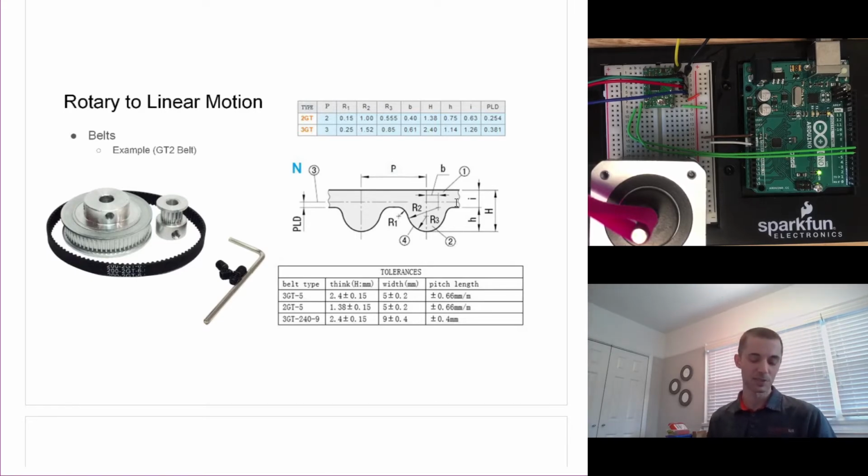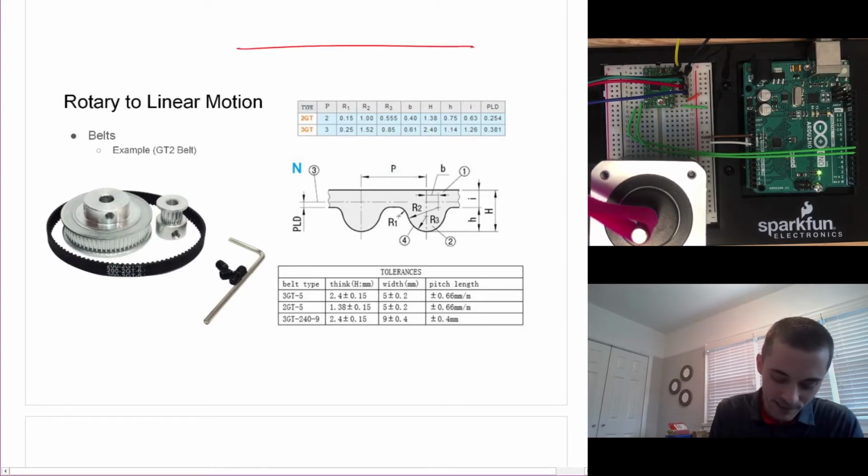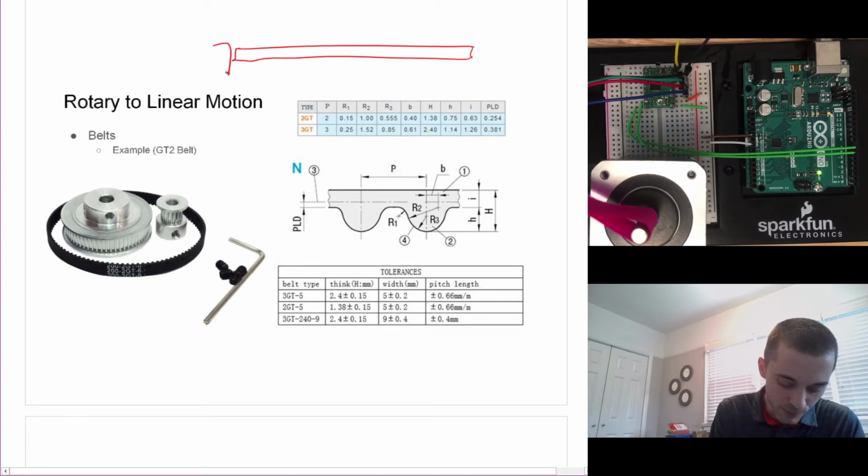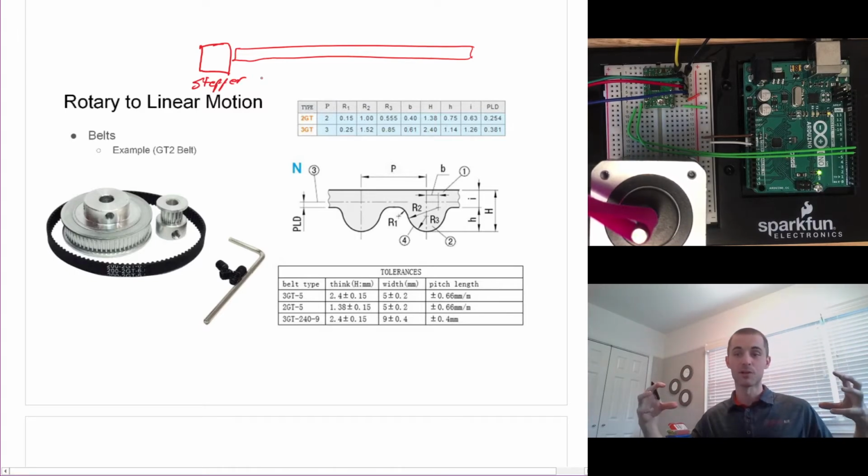This particular picture, now that I look at it right now, probably not the best example because it's a pulley going to a pulley, right? But in a lot of cases, you will have a motor, a stepper motor, down at one end of a piece of material that is essentially the support or structure for a linear axis.